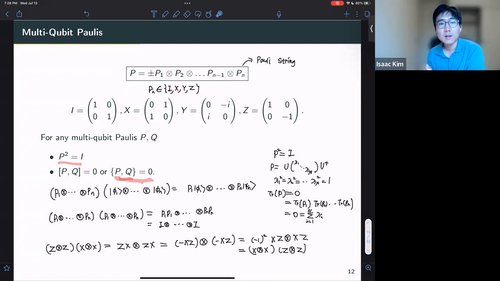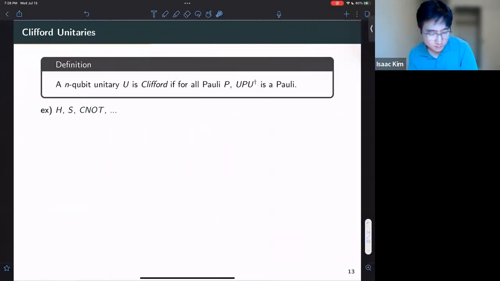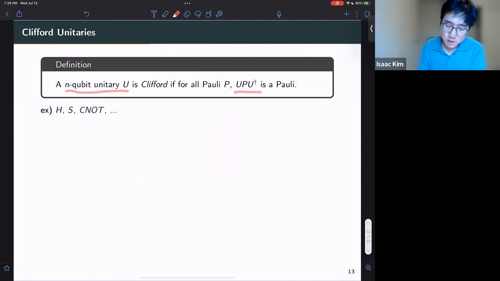The level right above the Pauli matrices is called the Clifford unitaries. Formally, we say an n-qubit unitary U is a Clifford unitary if for all Pauli matrices P, UPU dagger is a Pauli matrix.